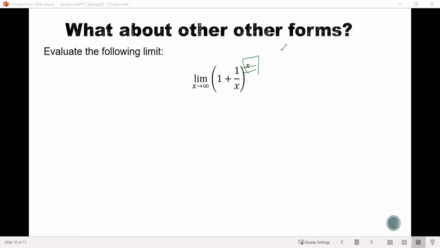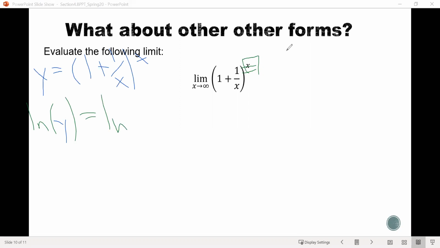Right, we're going to use some logarithmic stuff here. So what we're going to do is let y equal 1 plus 1 over x to the x. And then we're going to take the ln of both sides there. So we'll have ln of y will be equal to the ln of 1 plus 1 over x to the x.